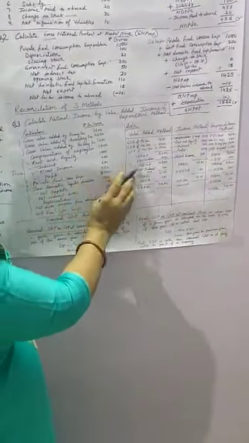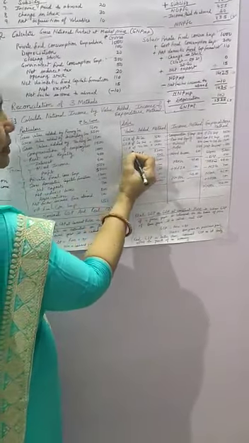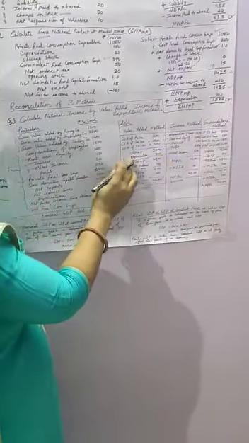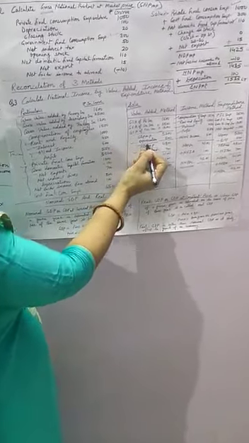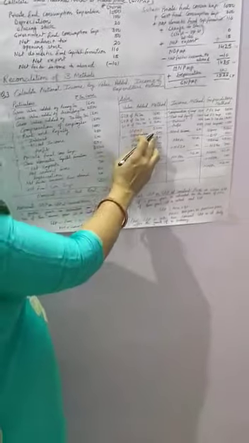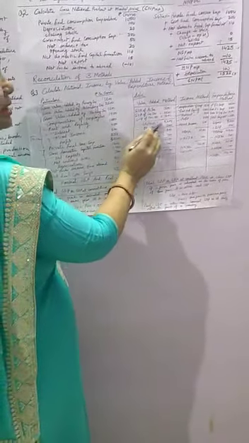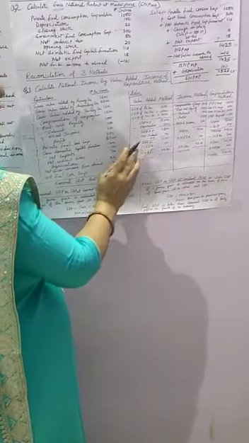Now this is value added method. In value added method, you got GDP MP. I told you how you make it NDP MP: you have to exclude depreciation. The value of depreciation is given, that is 500. If you exclude depreciation from GDP MP, you get NDP MP in value added method.